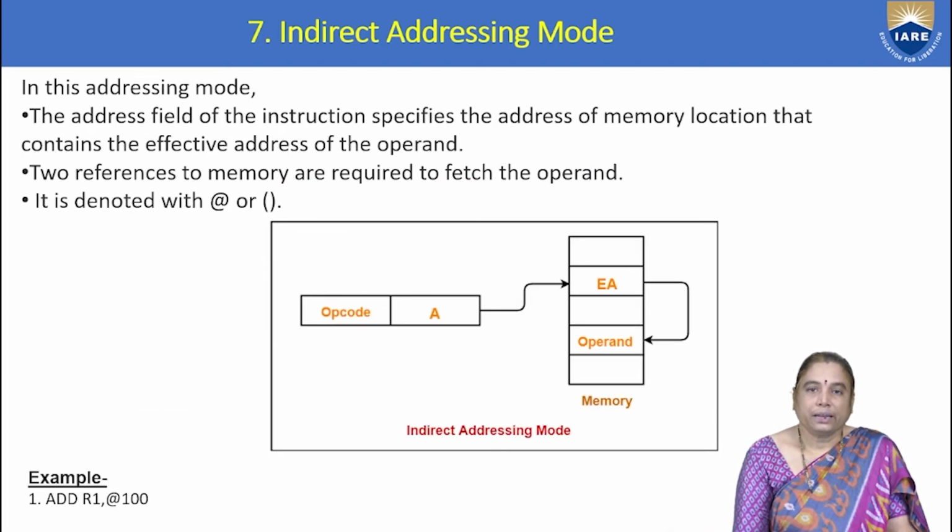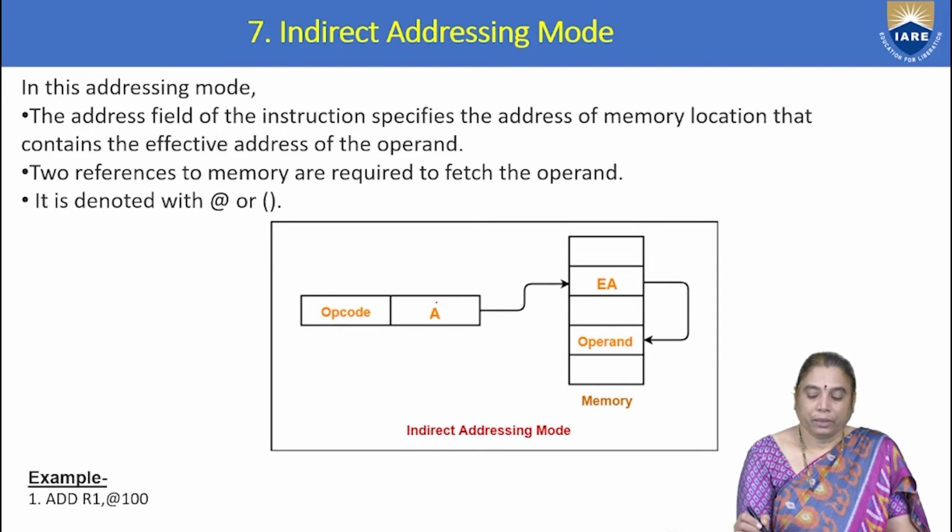Next is indirect addressing mode. As we observed in register direct and register indirect addressing modes, here also in memory location reference we have direct and indirect addressing modes. Here the address specified in the instruction does not directly reflect the effective address.